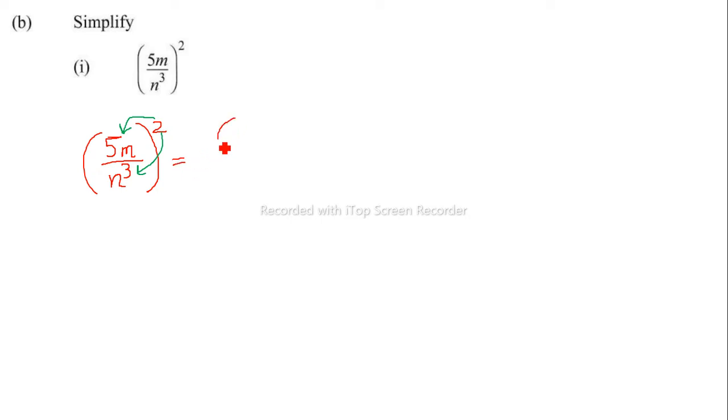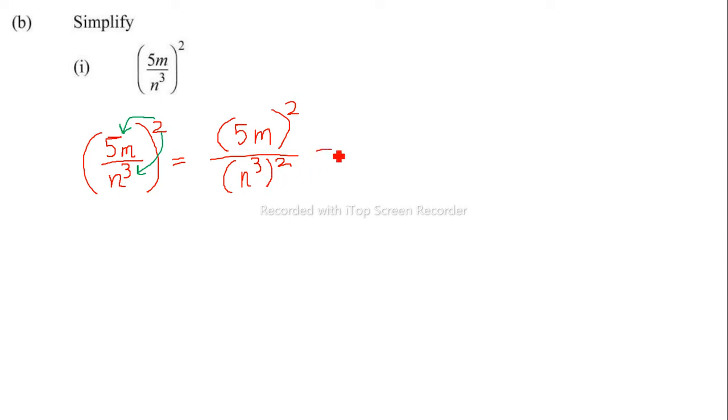5m squared divided by n to the third power all squared. So we applied the squared to the top and we applied it to the bottom.